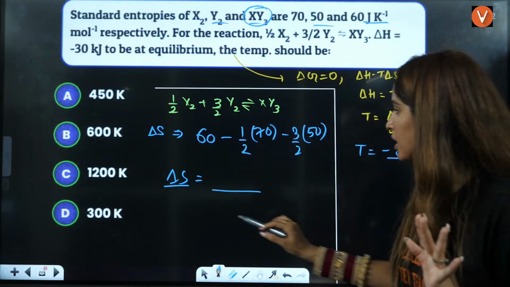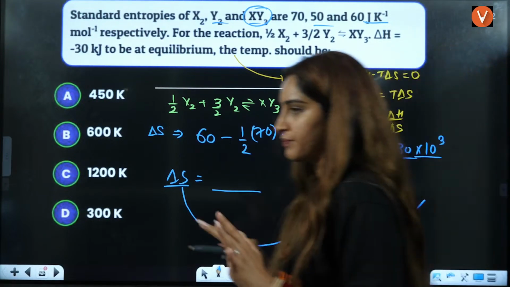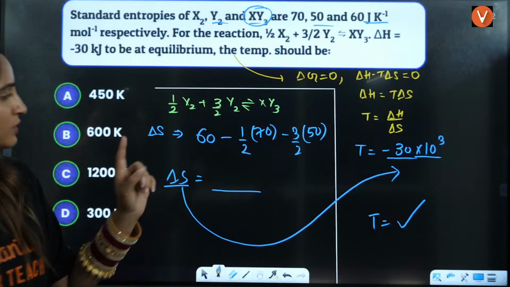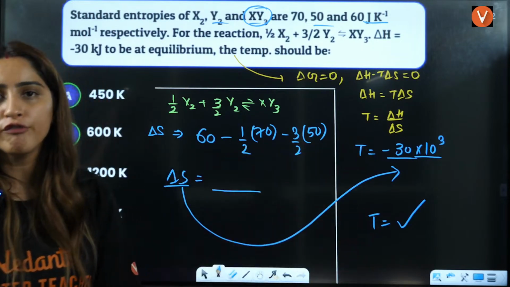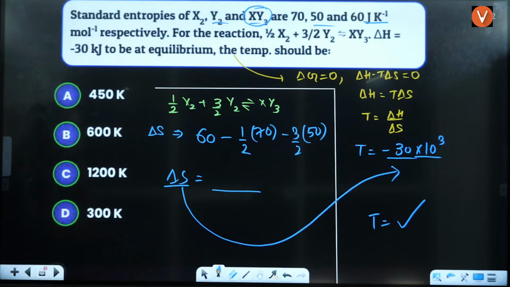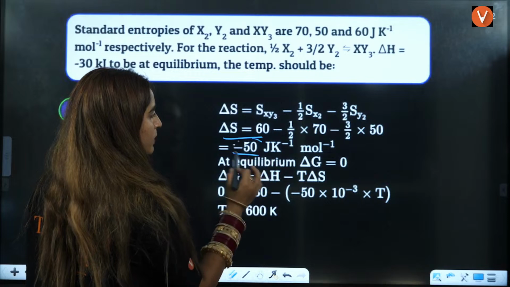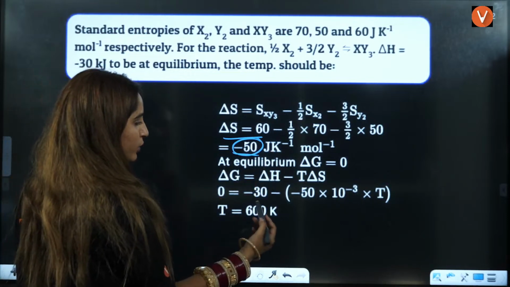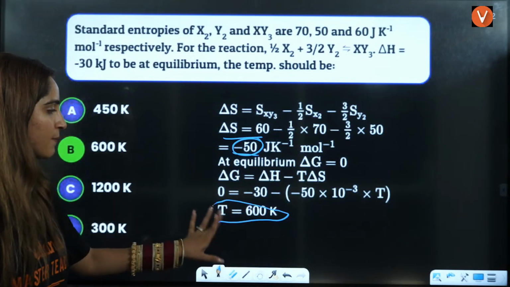So that is clear. You will put this value directly here and you will get the value of temperature. This will come out to be minus 50. You put the value here as minus 50 and you will get the answer for temperature.